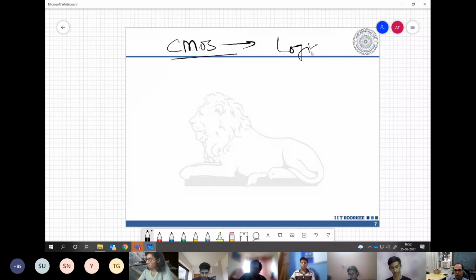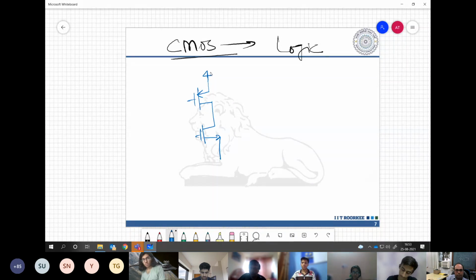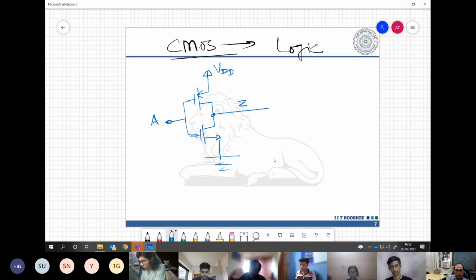So this is CMOS logic. Understanding my point? So we have a PMOS connected at the top and NMOS connected at the bottom.